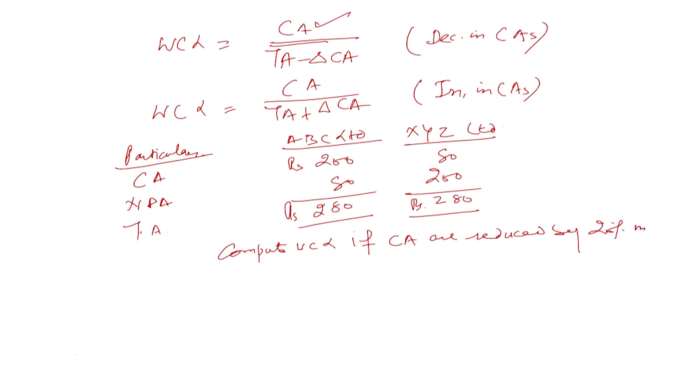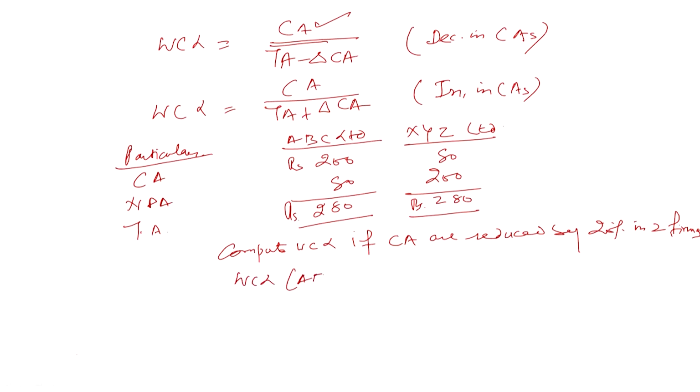If we reduce the current assets in both firms by 20%, how will the working capital leverage be? In that case, we will see first the working capital leverage in case of ABC.